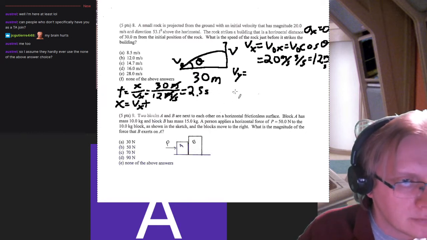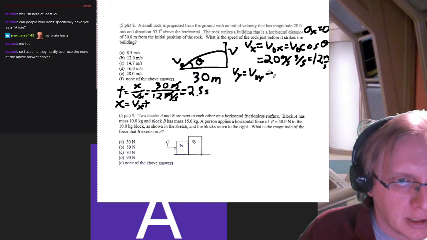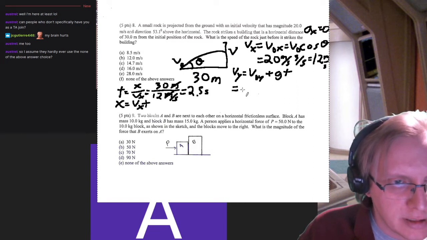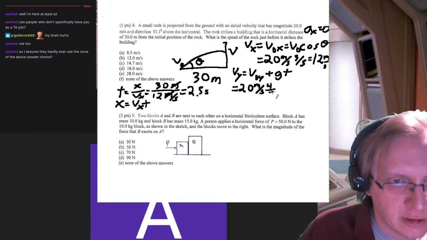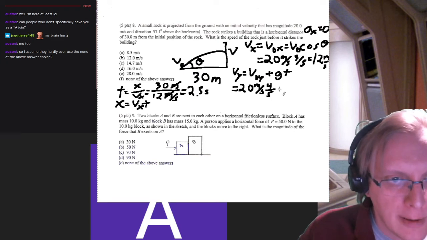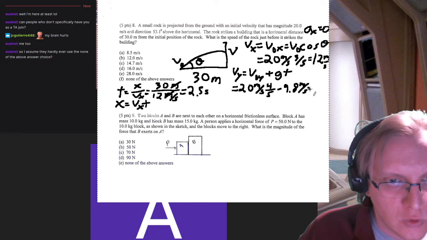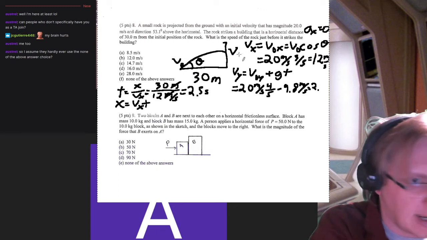All right. So then Vy becomes V naught y plus gt. This is going up, g is coming down. 20 meters per second, if this is 3/5, then this must be the 4/5, the other component of that 3, 4, 5 triangle, minus 9.8 meters per second squared times the time in the air of 2.5 seconds.